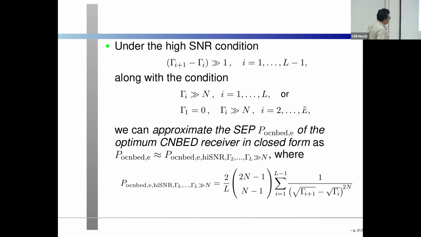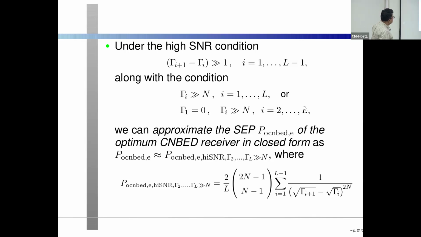You cannot do the optimum channel magnitude based approximation. You can use a Gaussian, but I don't have it here. I have it in my paper, and that's another paper, not the fully non-coherent paper. So we can approximate this and get this expression.